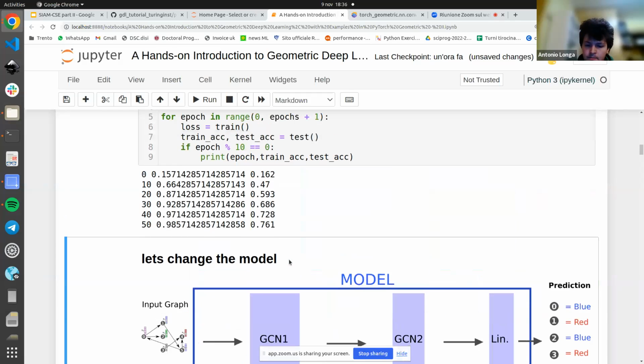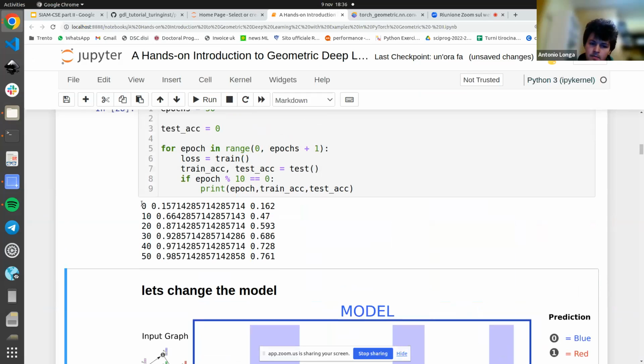If we run it, you can see that before the training, so at epoch 0, we have 0.15 accuracy in train, and 0.16 in test accuracy. After some time, at 15 epochs, our training accuracy is quite high, and the test accuracy is not so high, but it's definitely much higher than 0.16.